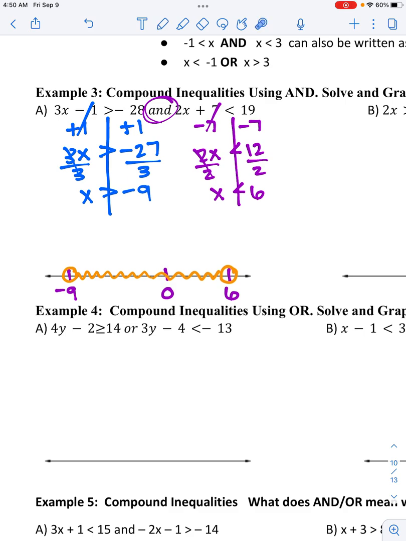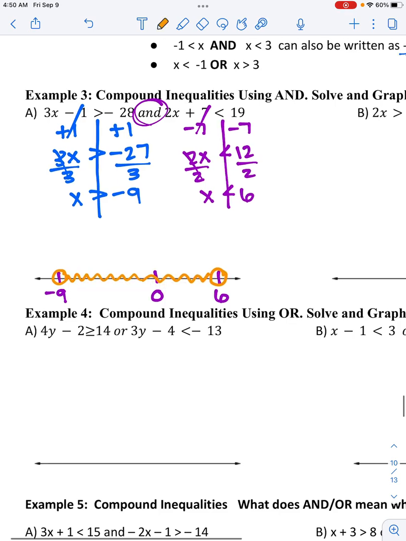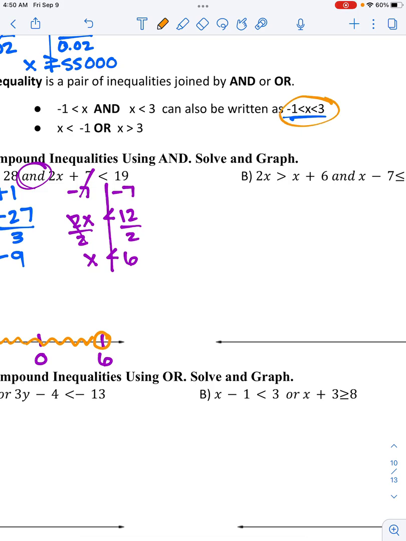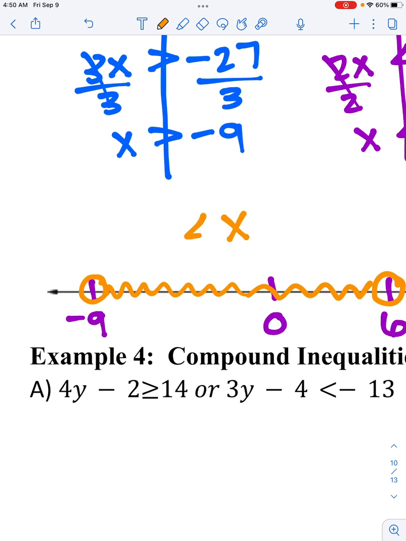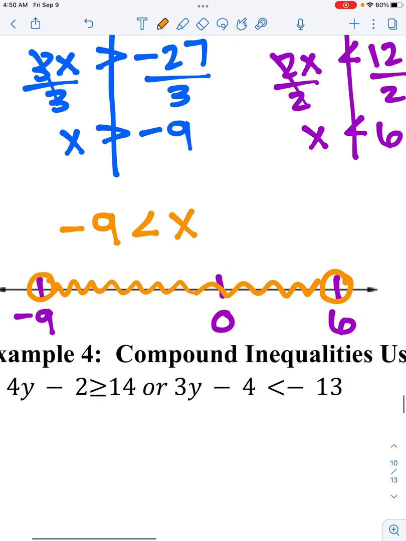So even though technically this inequality would keep going and this one would keep going, their overlap exists only between negative 9 and 6. So that's how we're going to write this compound inequality: we'll say x can be any number in this in-between space. So it's going to be larger than negative 9 and smaller than 6.